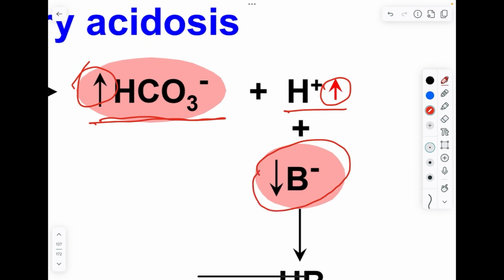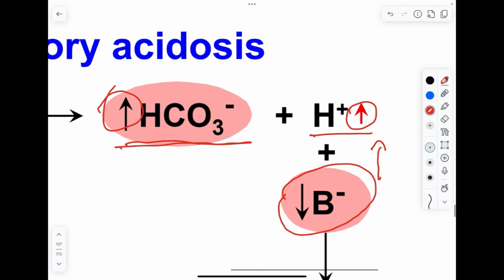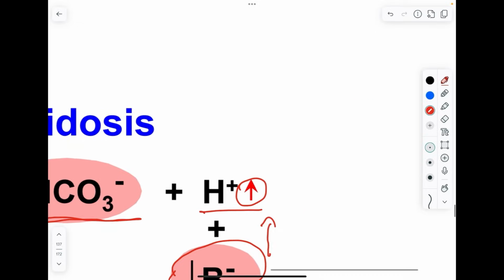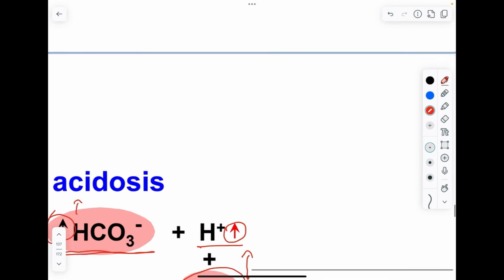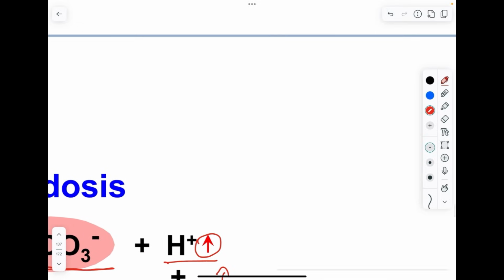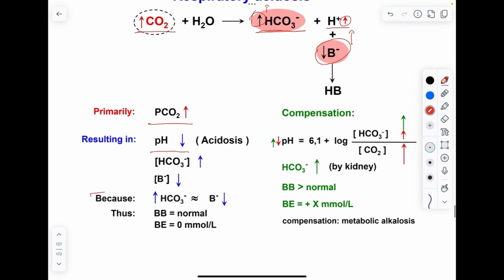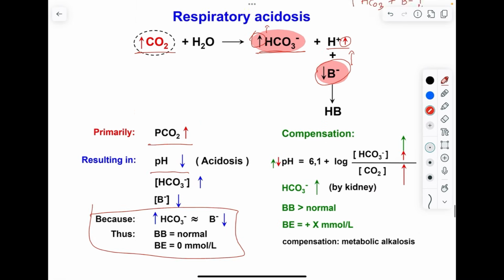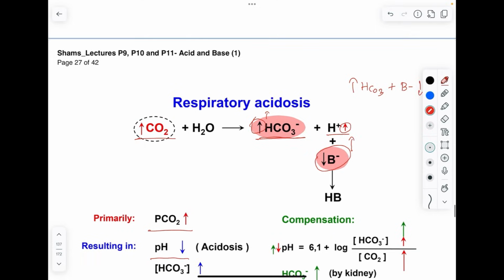This decreased because it binds with H+ to buffer it, and this increased. Do you remember what the buffer base was? It was HCO3 plus other bases. This decreased and this increased. So the overall change is what? This. How do you compensate for that?